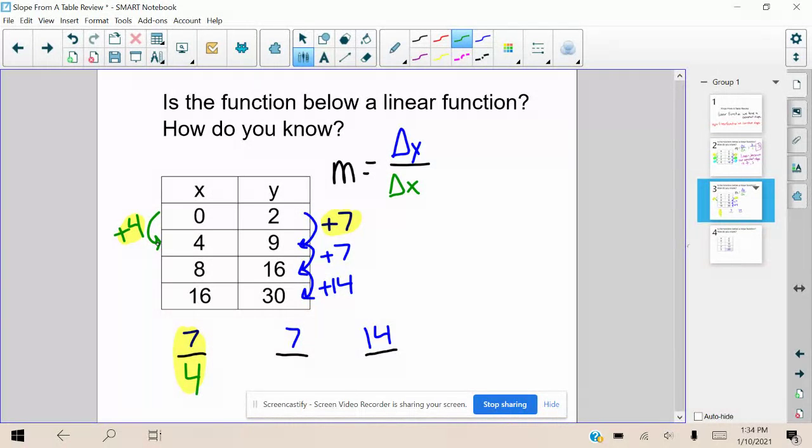Well, now we go from our next change, 4 to 8 is plus 4, so we move on to that second change. Let me highlight again just to show you where these values are going. And now we're going to continue. 8 to 16 is plus 8.